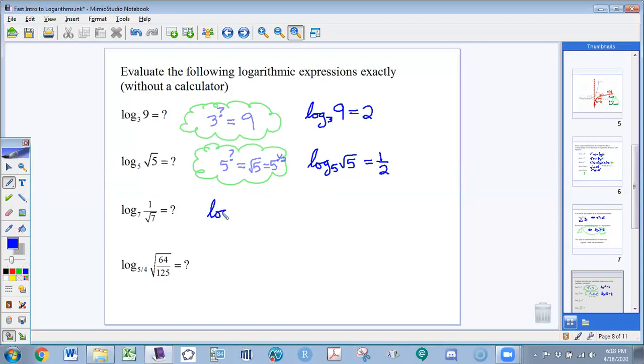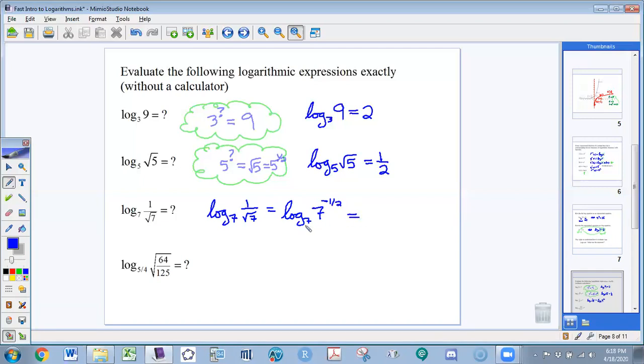Another way to go about this is to just go ahead and rewrite the input as a power of the base. So I know in this case, for example, that 1 divided by the square root of 7 really means 7 to the negative 1/2. The reciprocal means a negative, and the square root means a half.